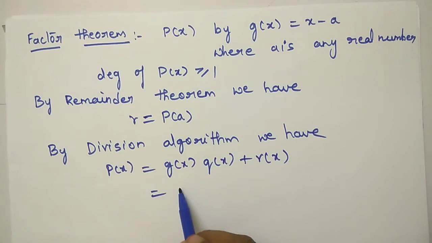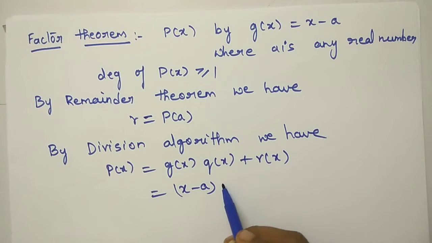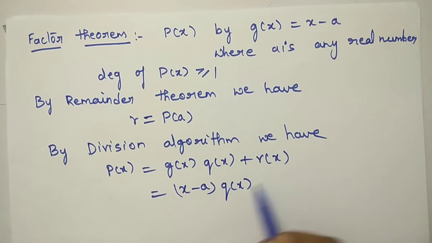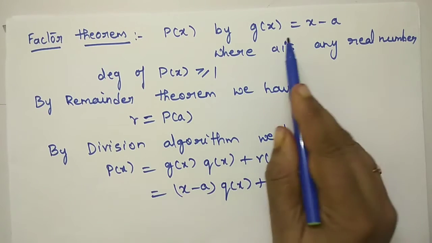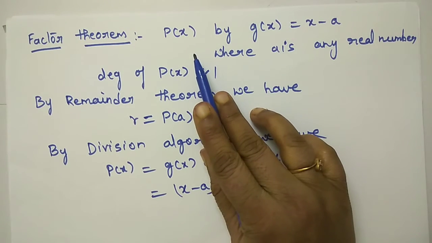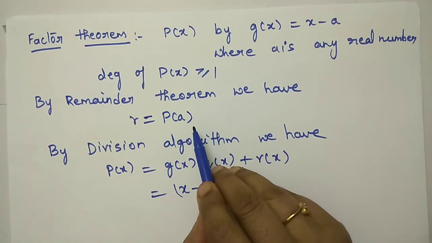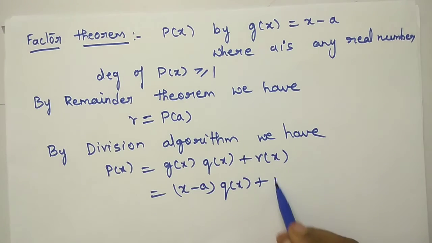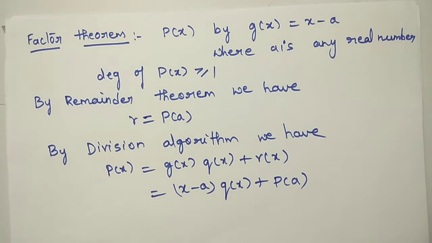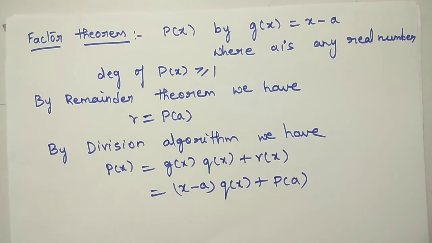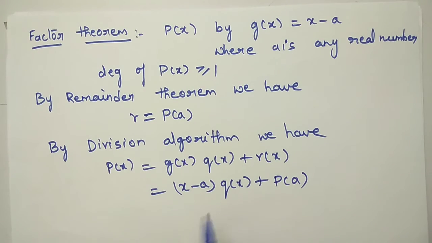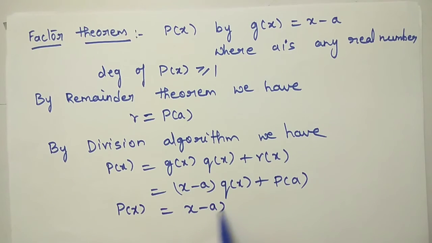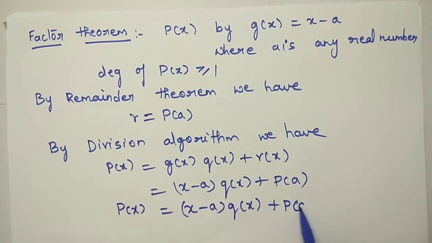Here g of x is x minus a, into q of x, and when this g of x divides P of x, by the remainder theorem we have the remainder as P of a. So, we have P of x is equal to x minus a into q of x plus P of a.